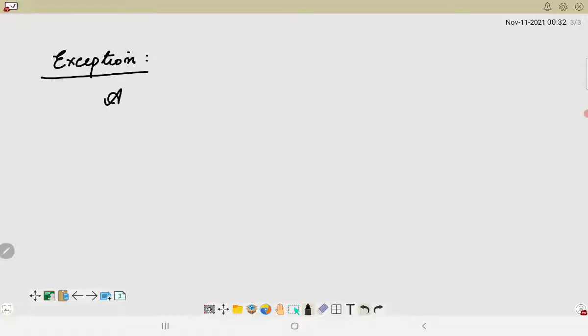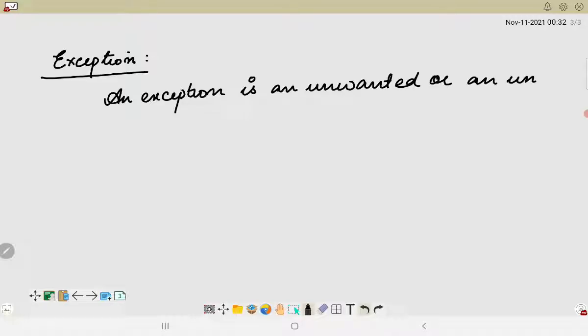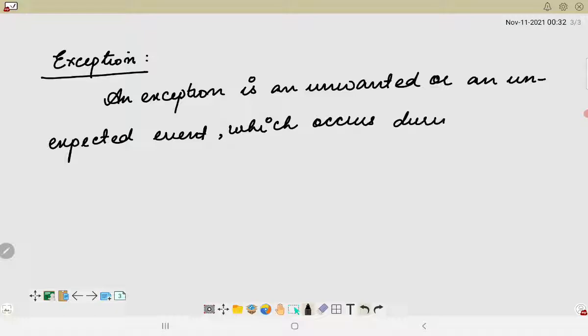An exception is an unwanted or an unexpected event which occurs during the execution of a program.